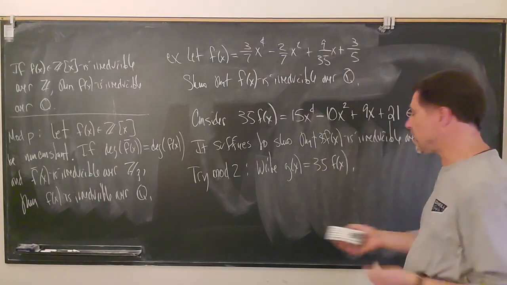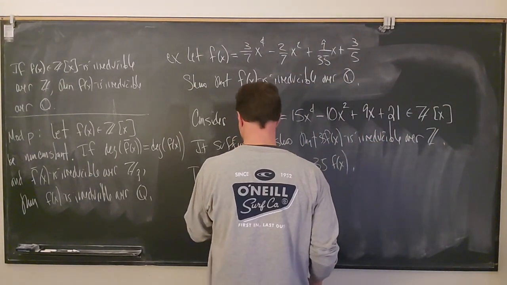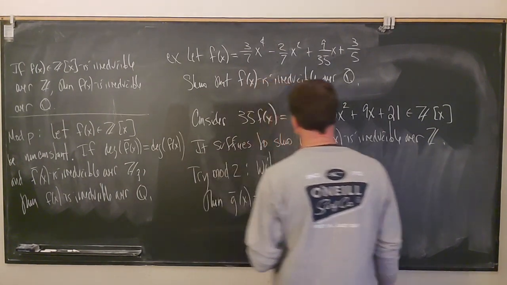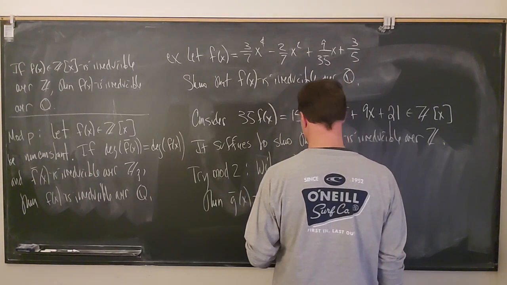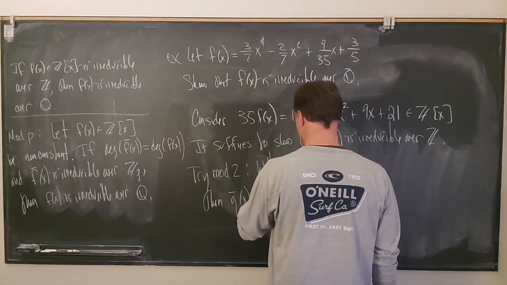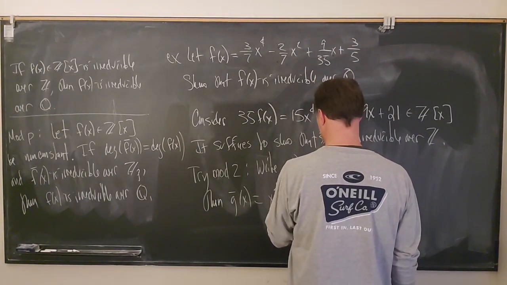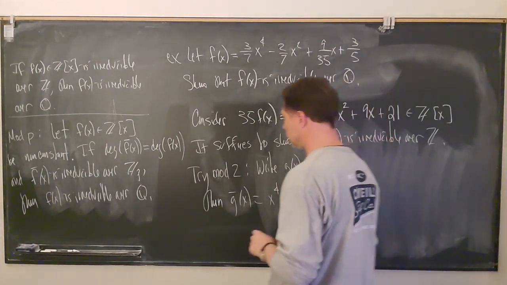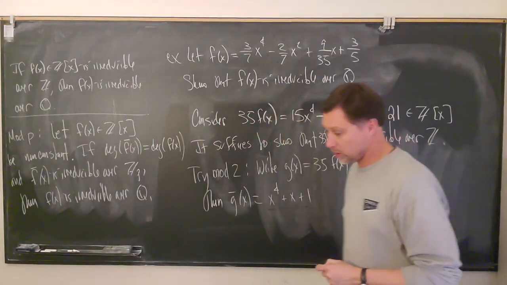So I'm going to bar g. Then g bar of x is equal to, if we reduce mod 2, x to the 4th plus x plus 1. Reduce mod 2, here's the resulting polynomial.